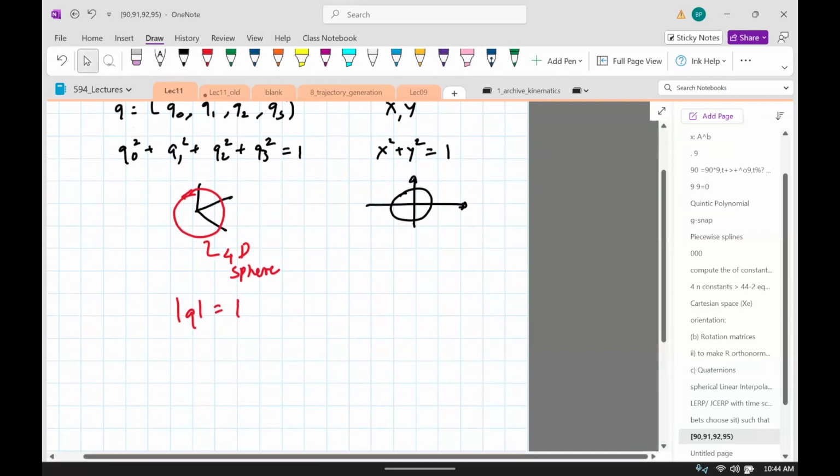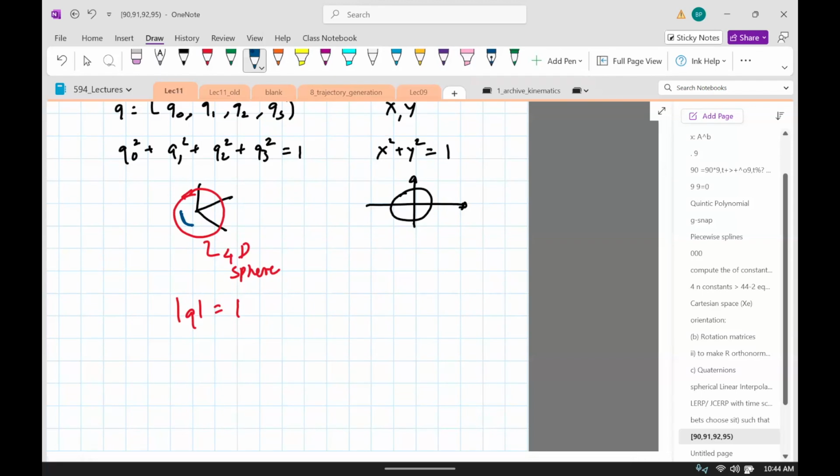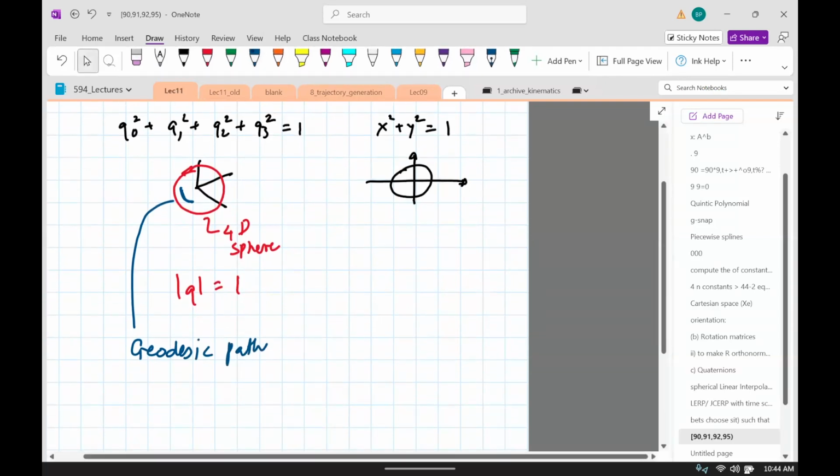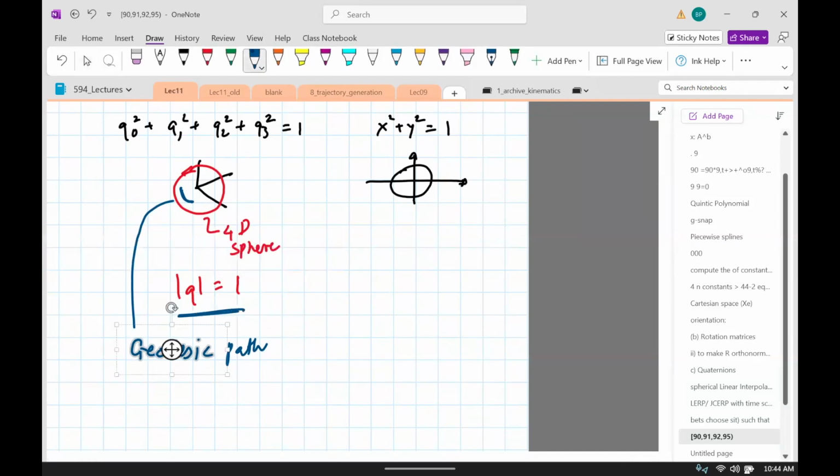So this path on the 4D sphere is a geodesic path. When you're trying to traverse the sphere, you need to take a path on that sphere which respects this particular equation. This is not the same as a Euclidean path.